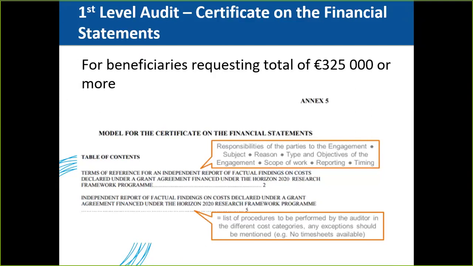Please note that at the end, if your eligible costs are 325,000 or more, you will be requested to submit a certificate on the financial statement. This is for each one of the beneficiaries, and the certificate must be provided by an external auditor, not someone in-house.